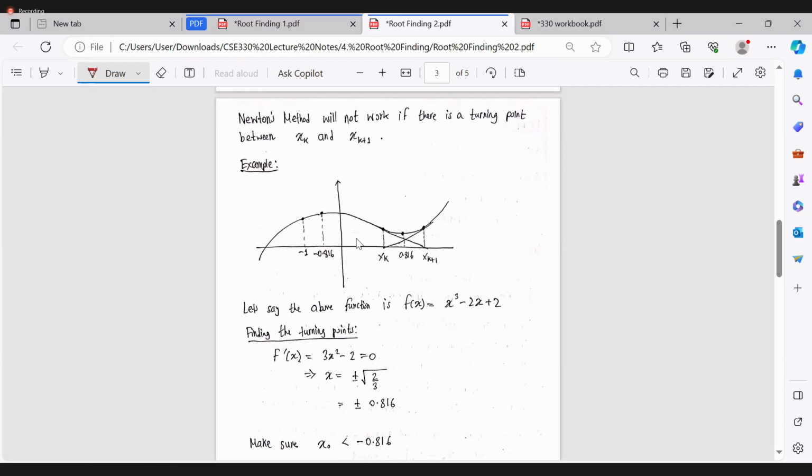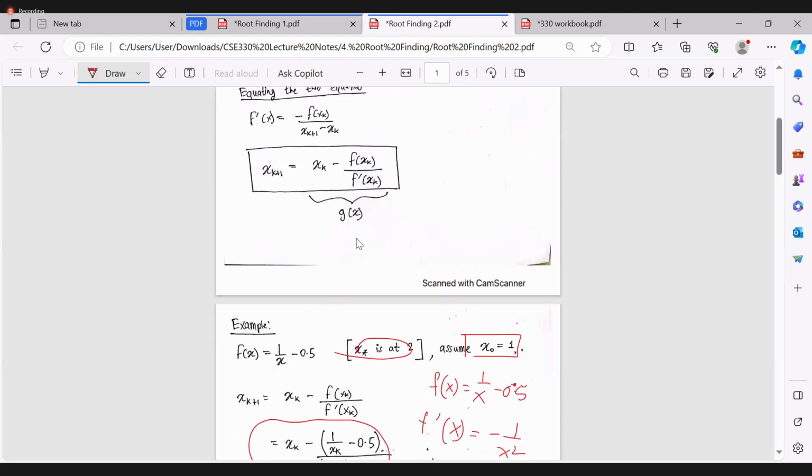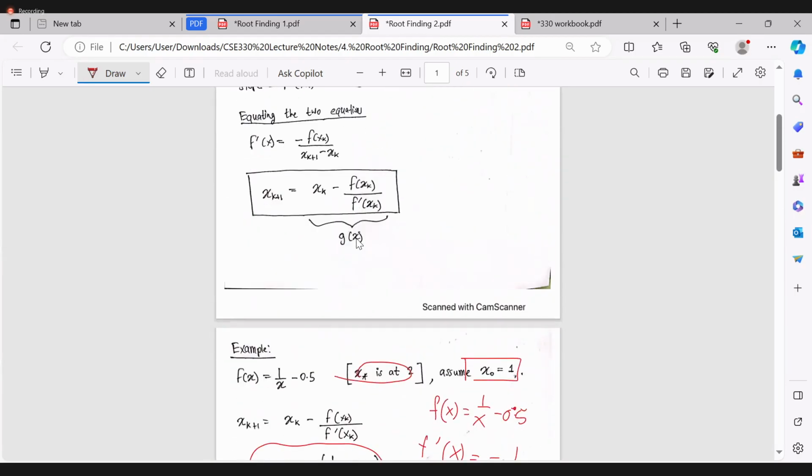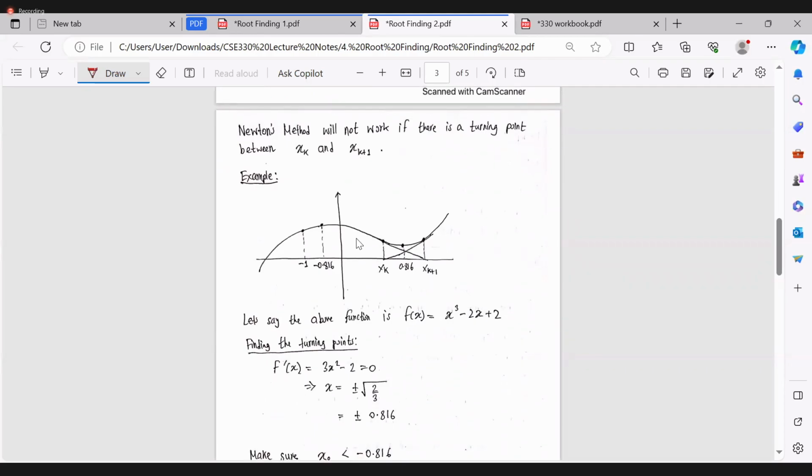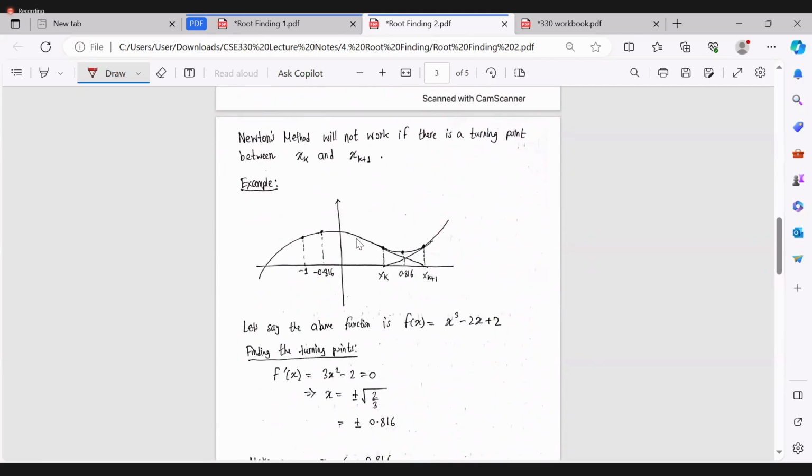So there will be some problems with Newton's method as well. Like if this value right here is 0, then what happens? You will get an infinity. Also, if you have some turning points, you will just be stuck.